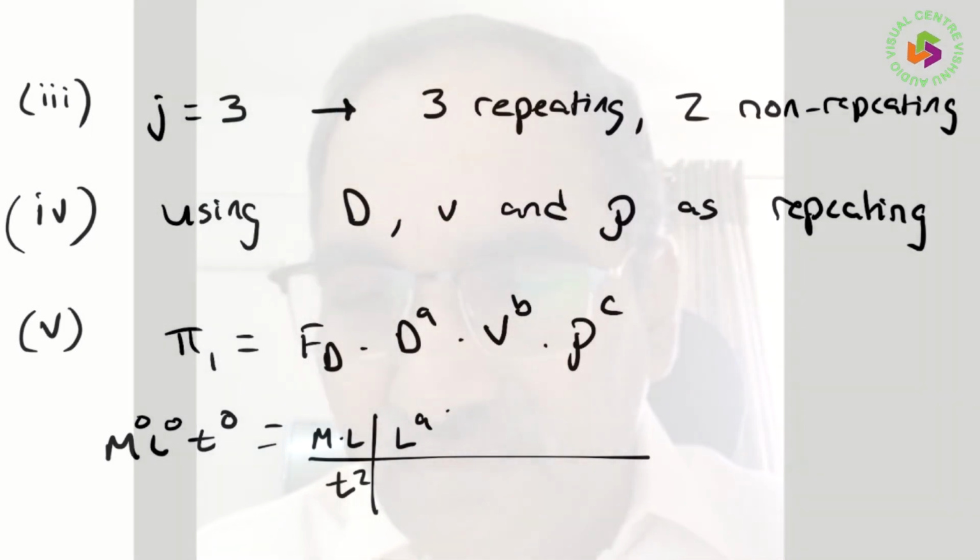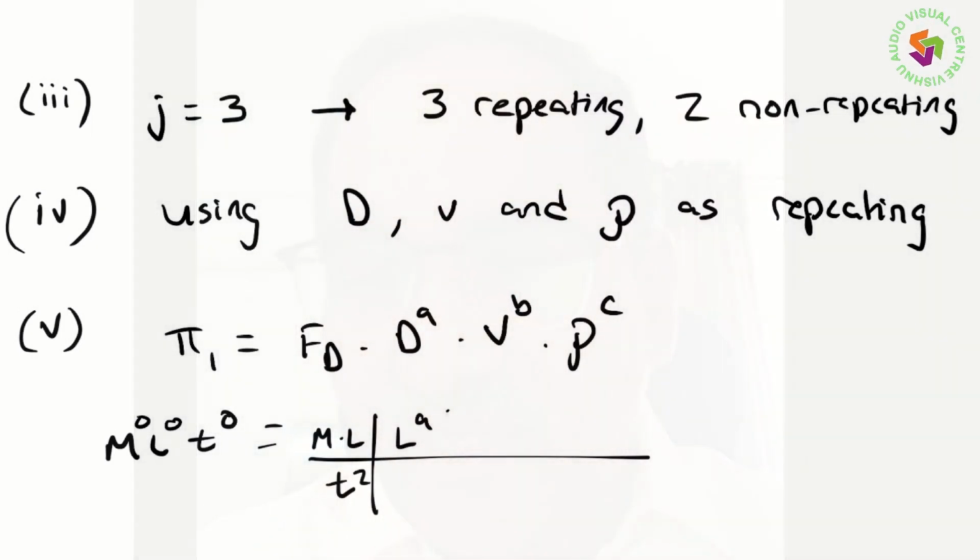The reason is that we have the fundamental dimensions mass, length, and time, so we have only 3 equations. With the 3 equations, we can solve 3 variables easily, and one more variable without much difficulty.